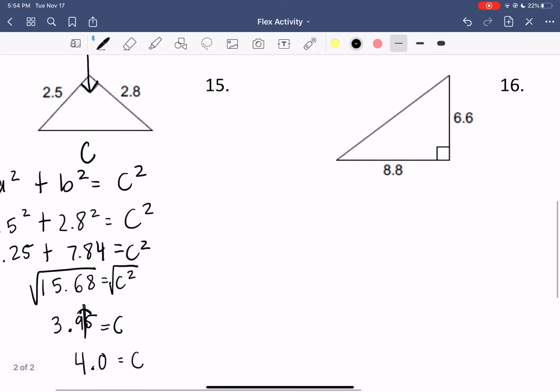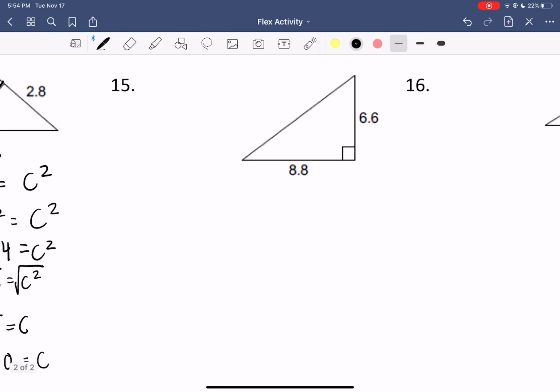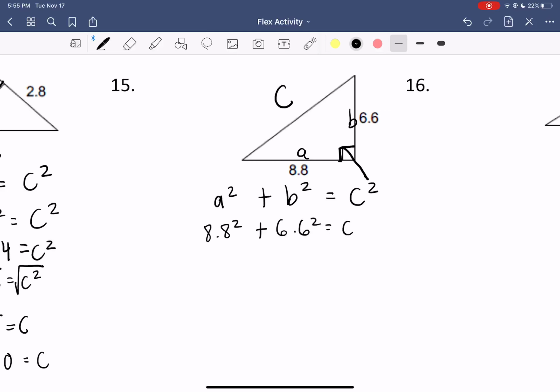All right, number 15, we have an angle pointing to c again. So we have a squared plus b squared equals c squared. So we have a and b again. So we substitute 8.8 squared plus 6.6 squared equals c squared.